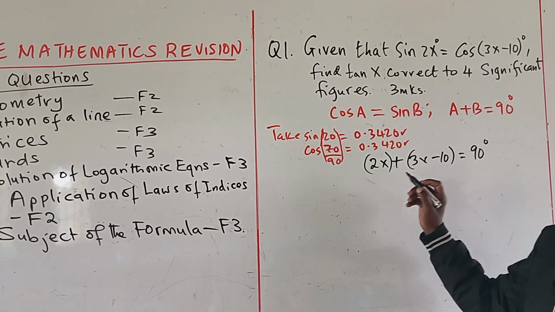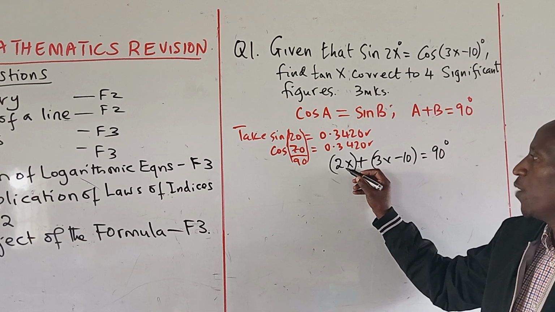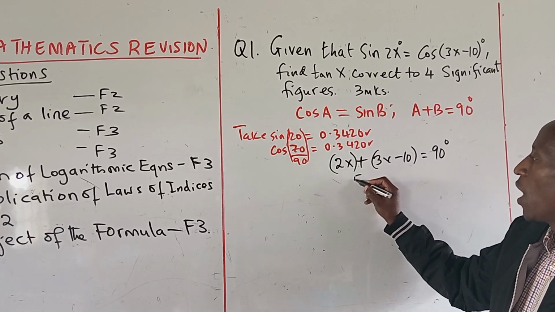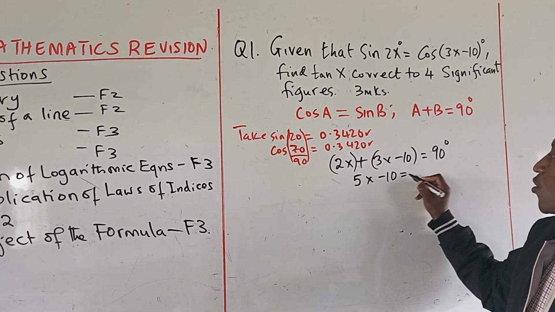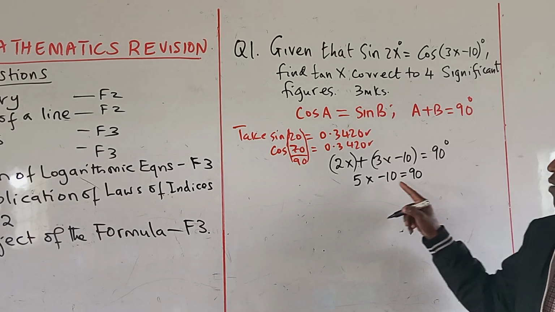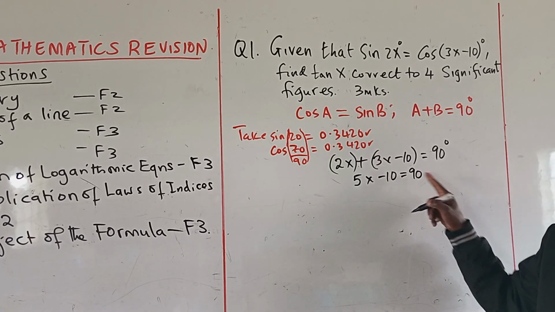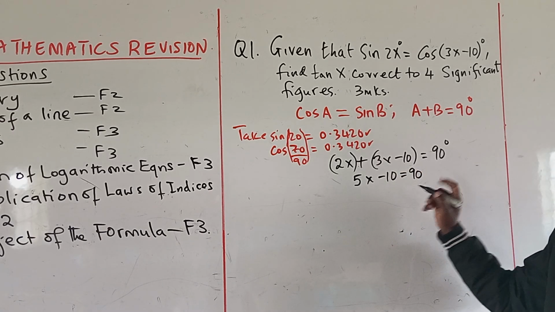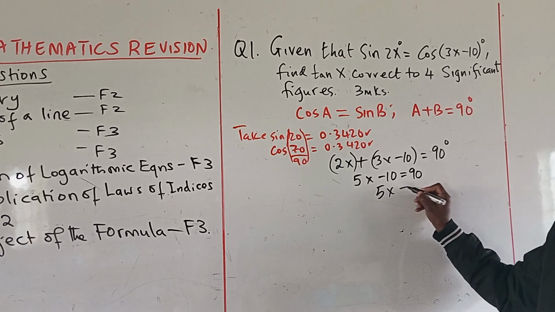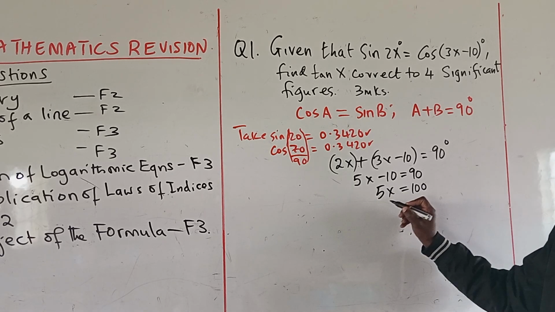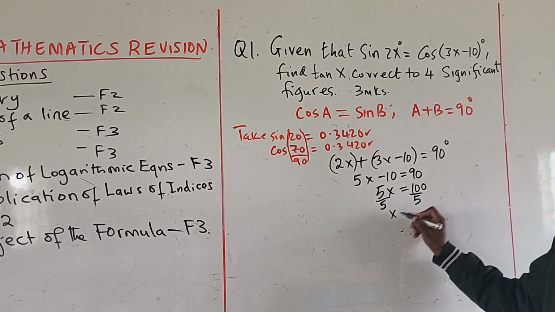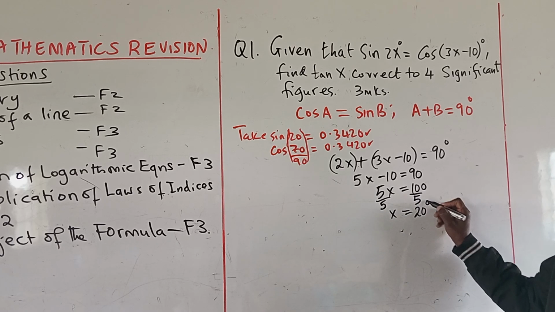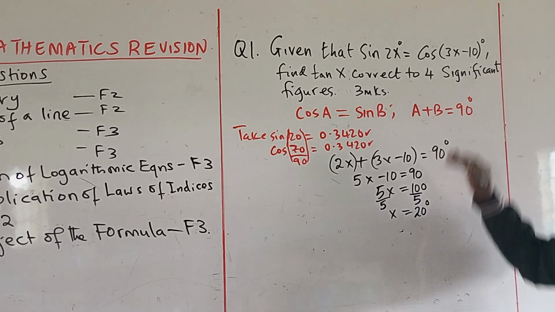And so, putting like terms together, 2x plus 3x gives us 5x minus 10 is equal to 90. We shift this onto the other side by adding 10 and 10 here. You get 5x is equal to 100. And at this point, we divide by 5 on both sides, then we get that x is equal to 20 degrees.